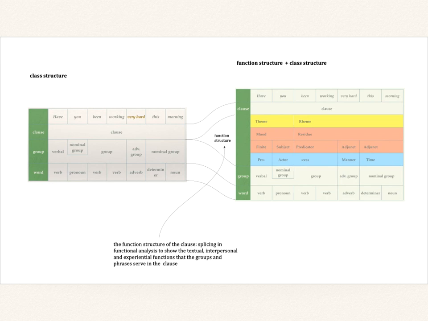And these functional elements, like theme plus rheme, like mood plus residue, like process plus actor plus manner plus time, they actually indicate the contributions that the groups and possibly phrases make to the construction of meaning in the wordings of the clause.